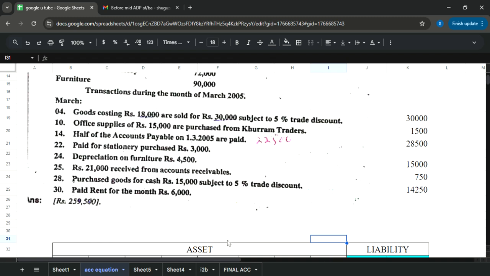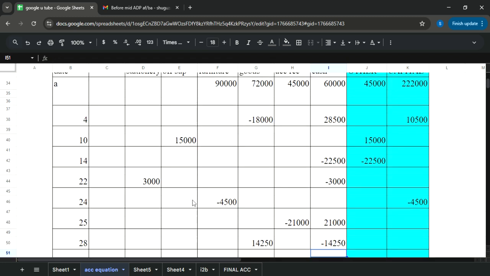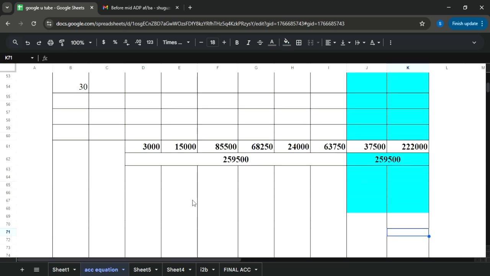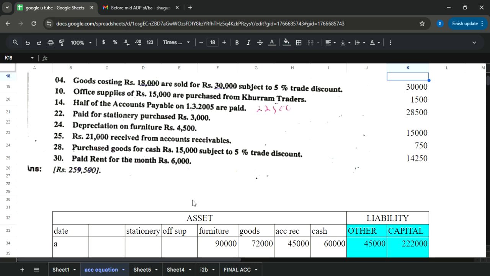After 28 we have 30, paid rent 6,000. Since you are paying this cash, cash is going out, minus sign 6,000. Rent is an expense. Expenses would be borne by the owner and expenses are subtracted. So minus 6,000 you will put over here. So guys, in this way, all of our entries have been completed.